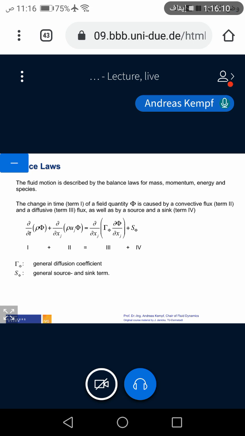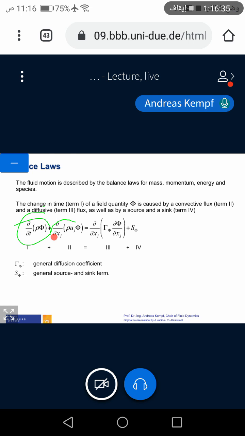Now we are coming to the end of the lecture, just some very general revision of balance laws. This is essentially the same stuff we do in fluid mechanics too, so most of you will have seen it. The fluid motion is described by the balance laws for mass, momentum, energy, and if you go to combustion or chemically reacting flows, chemical species. So in general, with an accumulation term, it's the partial differential with respect to time.